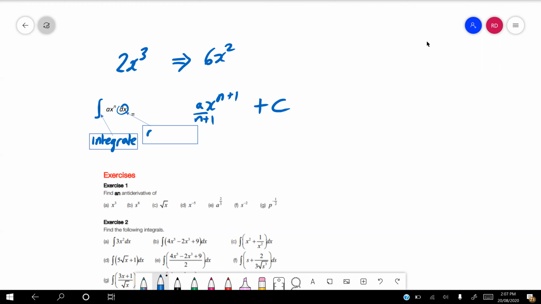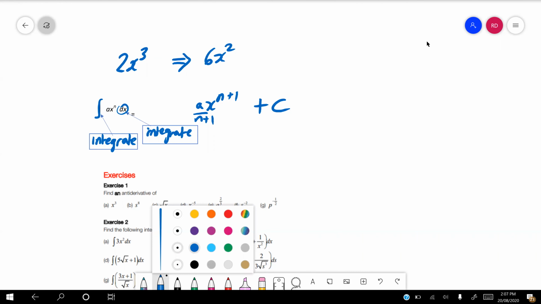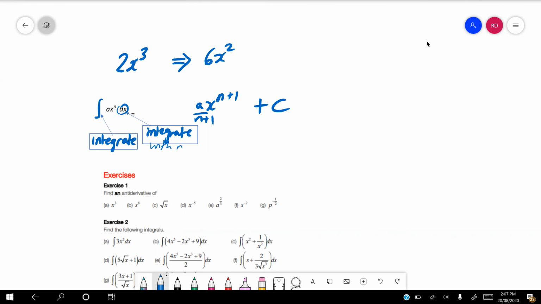So it's saying integrate with respect to x. If it was dt, then I would be integrating with respect to t. So that's the point of that dx. The function that I'm looking at is this bit, and the dx is just there to tell us what we are integrating with respect to.